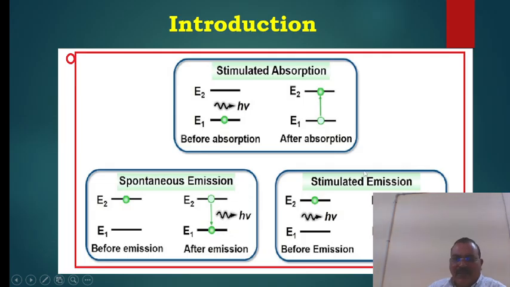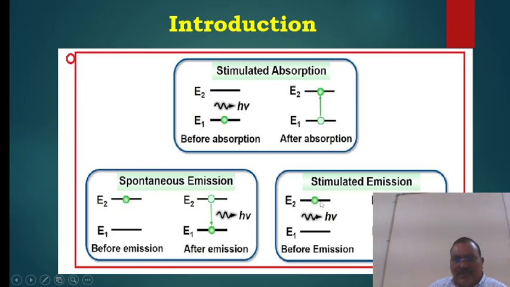Now in stimulated emission, if your atom is in this state E2 like this, since it had already absorbed the primary photon earlier, now you again give the next photon to it. Now what happened?